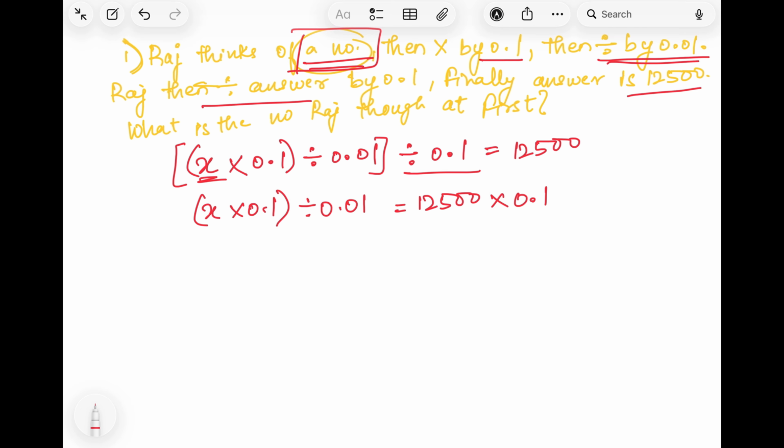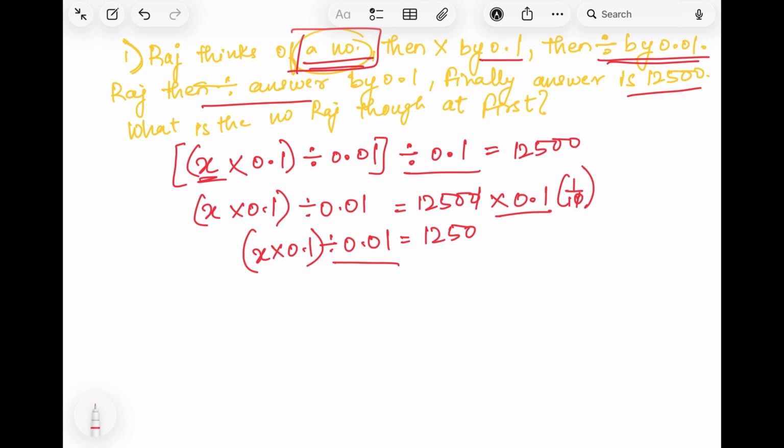So one 0 will get cancelled. So you will get x into 0.1 divide by 0.01 is equal to 1250. Because multiplying by 0.1, the place value is 1 by 10, so this 10 and 10 get cancelled. So we get 1250.